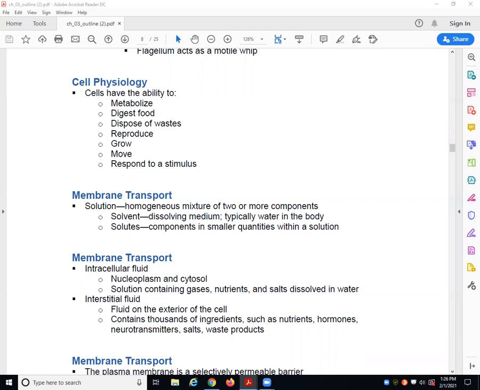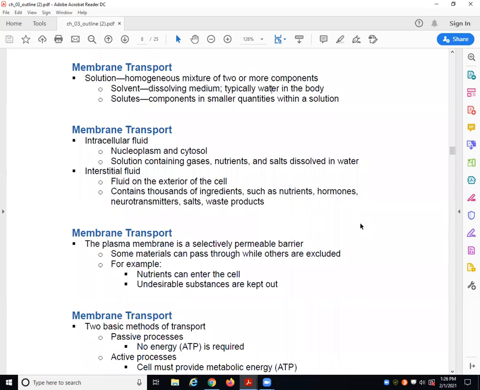All right, so now that we've covered cells pretty strongly, let's talk more specifically about the membrane and how substances are transported across the membrane. In order to understand that, you have to understand what solutions are. Solutions are homogeneous mixtures, and those mixtures can have two substances or more.